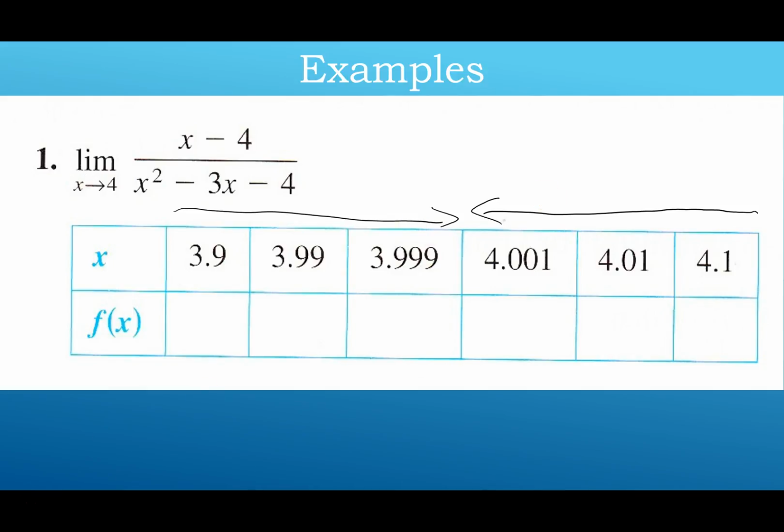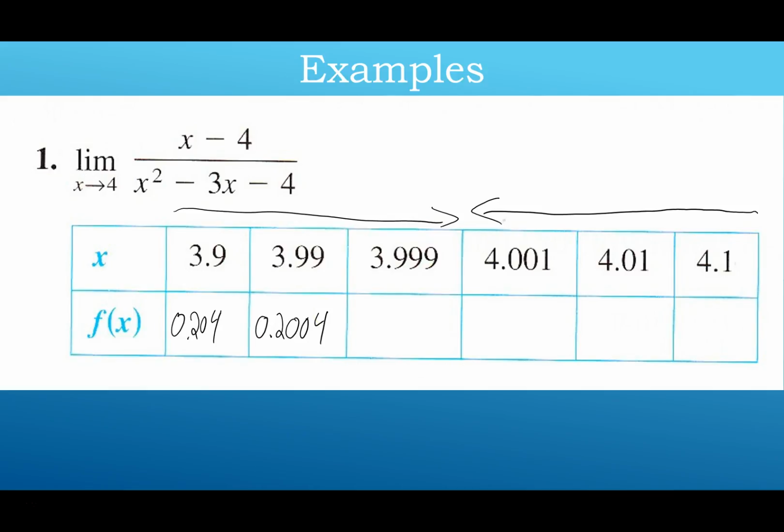Okay, so we plug in 3.9 for x. The y value we get is 0.2040816 and a whole bunch of other numbers. So we'll just stick with 0.204. Plug in 3.99, we get 0.2004.